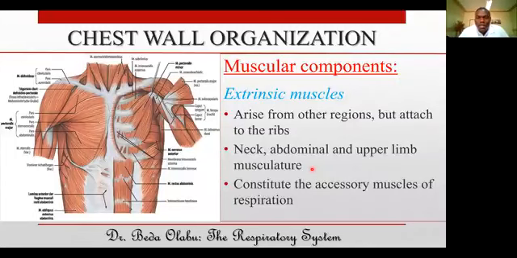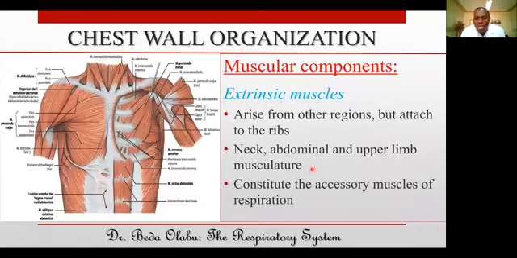We call a muscle accessory if primarily you don't really use it in normal breathing, but you require its services during situations of respiratory distress. And that is exactly what these muscles do. When you require a lot of force for breathing, then the extrinsic muscles of the chest will come into play.